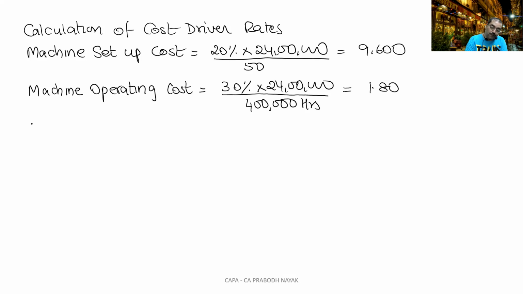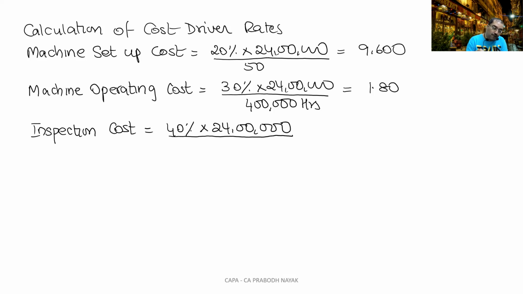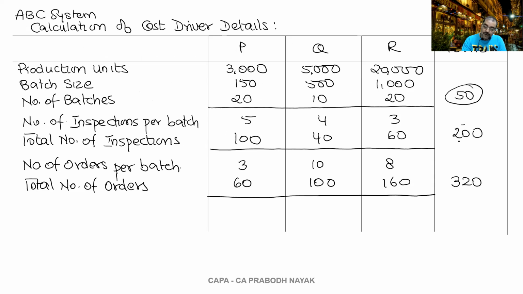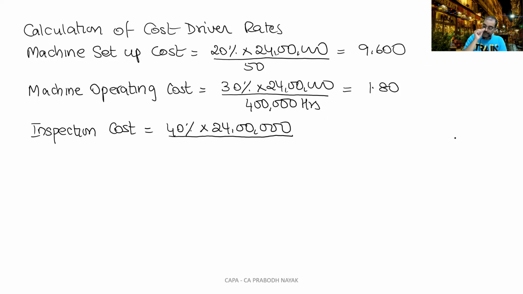Third is inspection cost. Inspection cost is given as 40% of total cost. So 40% of 24 lakhs is nine lakh 60,000, divided by total number of inspections, 200. Nine lakh 60,000 divided by 200 is 4,800.